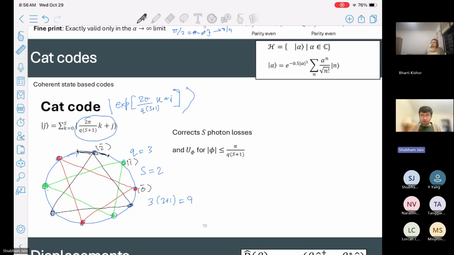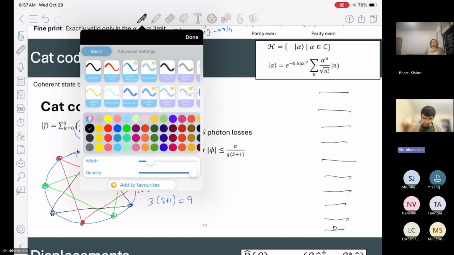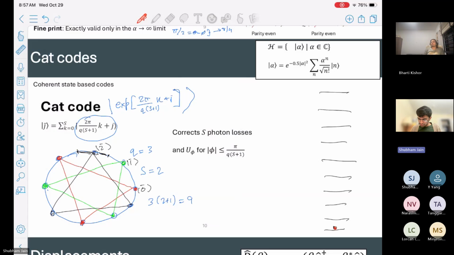And protection against loss happens because, again, when we change the basis to the equivalent of the plus minus basis for three states, we would see that these are again separated, and more separated now. So these would be separated not by one, but by a gap of two between each support of the Fock states.